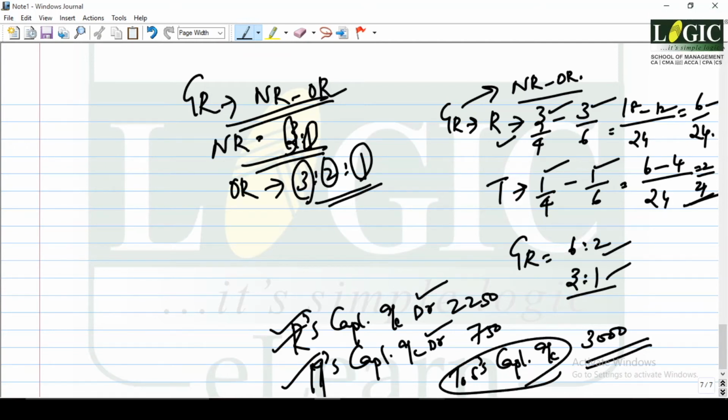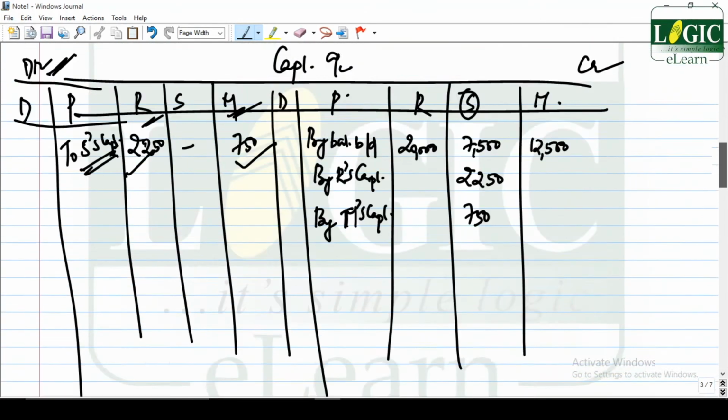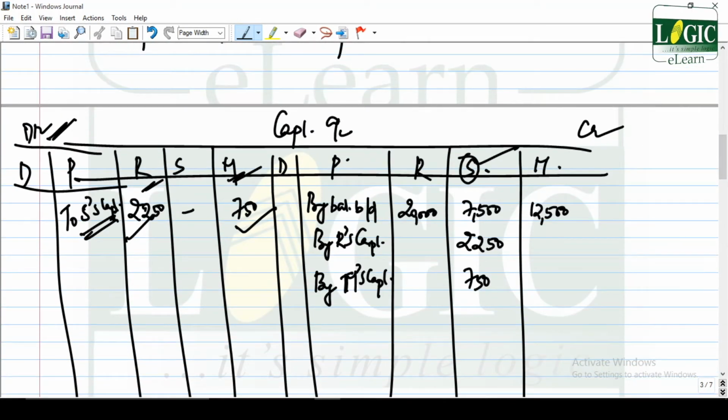So credited to S by 3000. Come to the credit side of S. This is the credit side of S. You cannot write your name, so what will you do? By R, by M, how much? 2250, 750. Now I think we posted everything at the respective place.